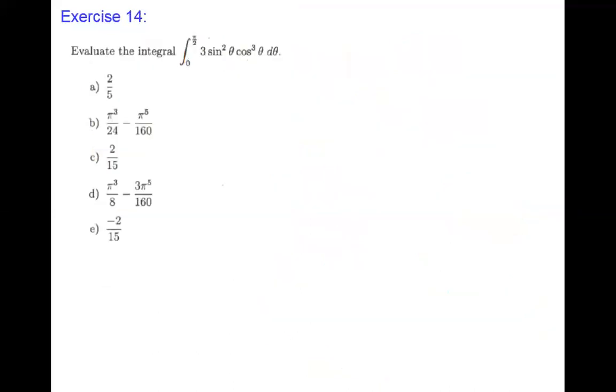Okay, it's another definite integral, sine square of theta times cosine cube of theta. Hopefully we remember, because that was the beginning of the session. Sine square, cosine cube. One even, one odd. That means we attack the odd power, and we will put a square and 1.